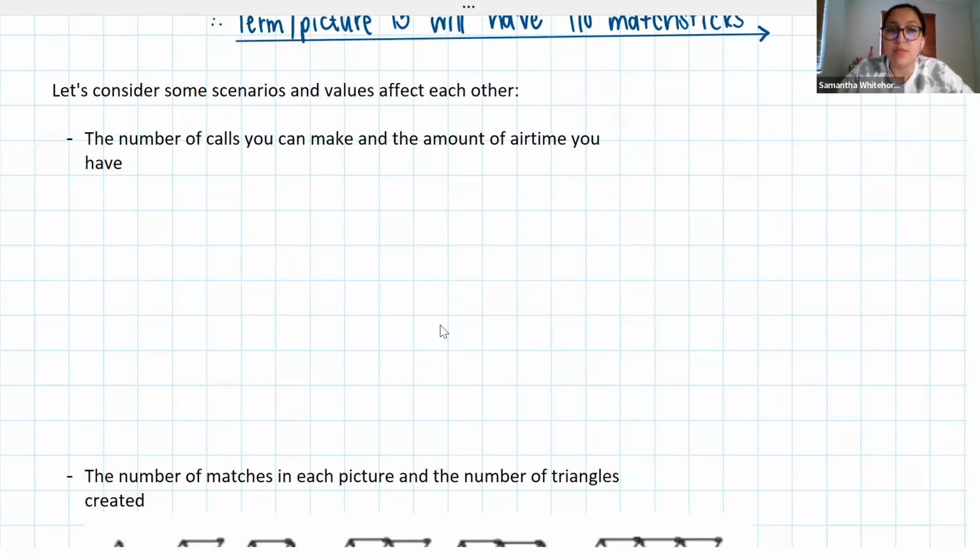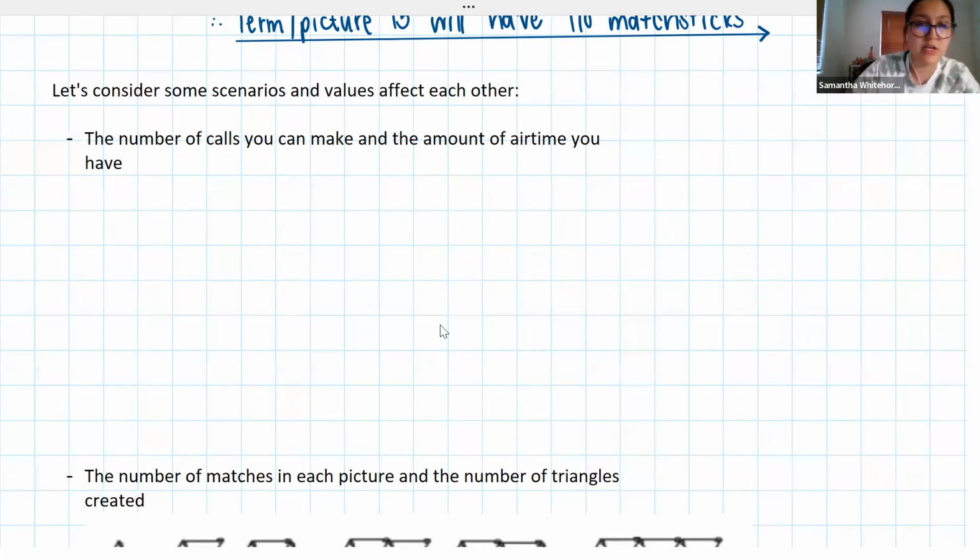The number of calls you make and the amount of airtime you have. So let's think about this. I want you guys to put a one word answer in the chat for me. If you make 100 calls, would you pay more or would you pay less than if you made 50 calls?